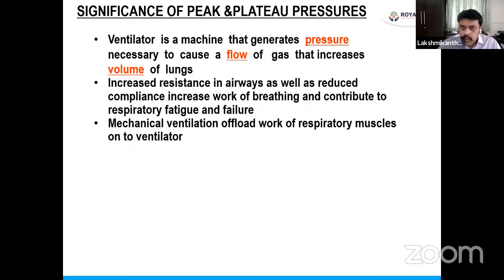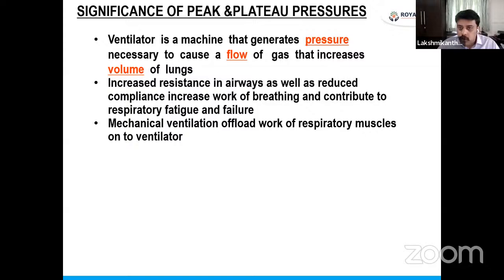So there are two basic things, the resistance and the compliance of the respiratory system, which are very important for us to ventilate a patient. Resistance is predominantly a factor of your airway, right from the trachea to the distal bronchioles. And compliance is predominantly that of your alveoli or the air sacs, which is the most important part where the exchange of oxygen takes place.